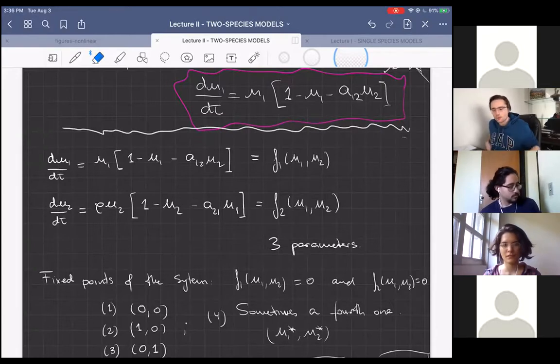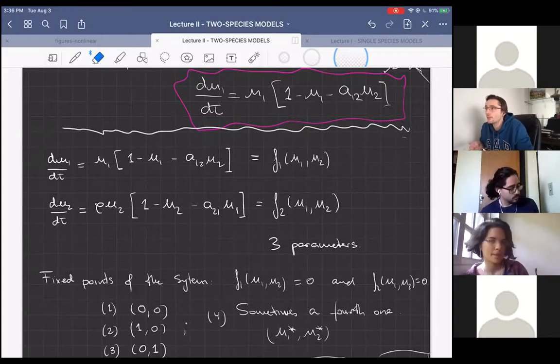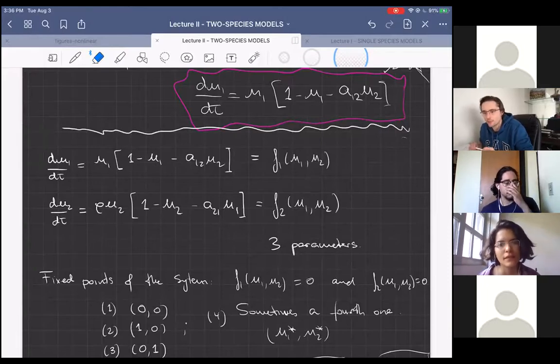Yes, so bistability, let's see, I'm going to explain it maybe in a very mathematical way. And if it's too mathematical, please tell me, not only you, Amanda, anyone that finds it too mathematical, and we try to reformulate it a little bit less mathematical.